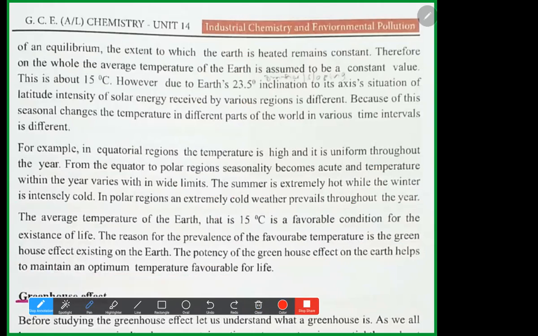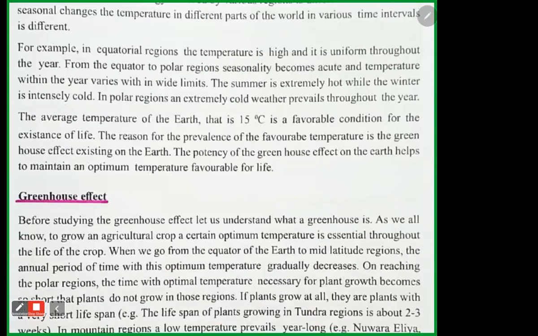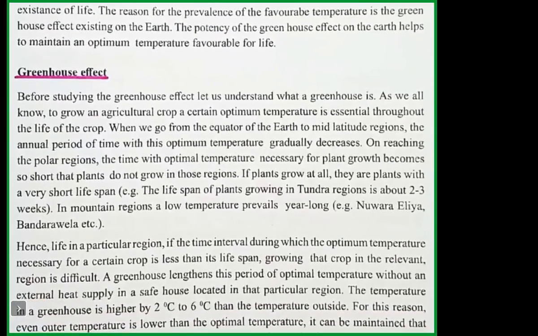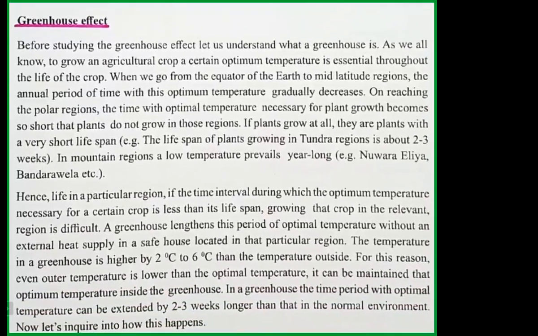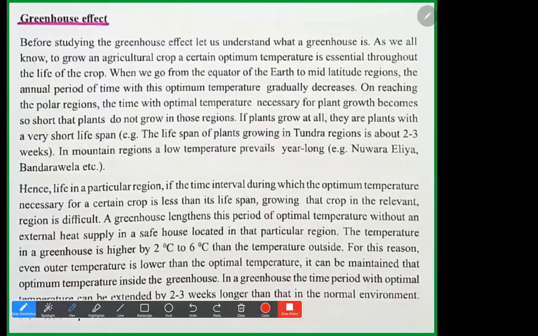Part of that energy is re-radiated back to Earth to maintain the temperature at 15 degrees Celsius. We use this phenomenon for greenhouses, so that in whatever country we are living, we can grow plants using this theory and have these agricultural products.